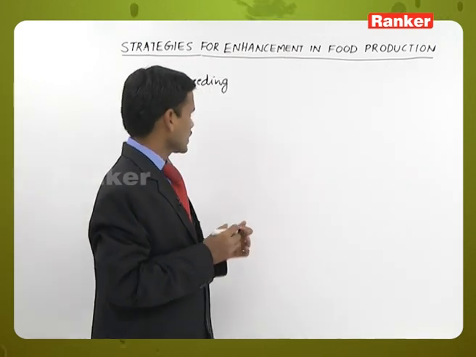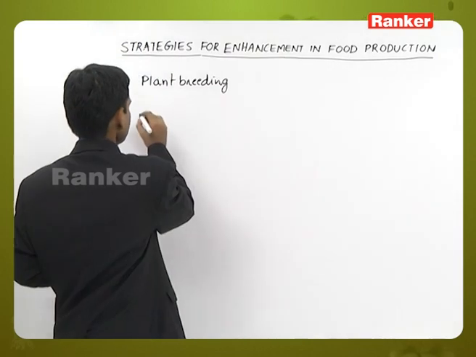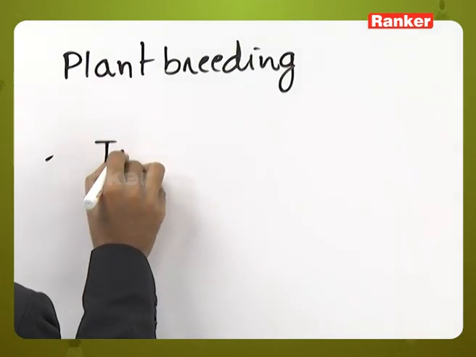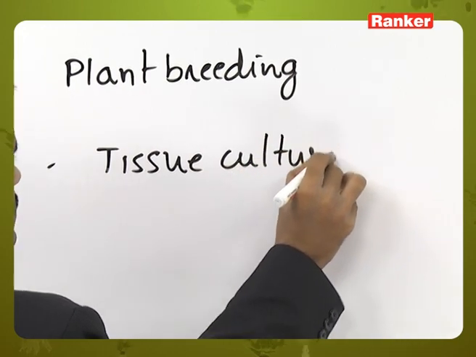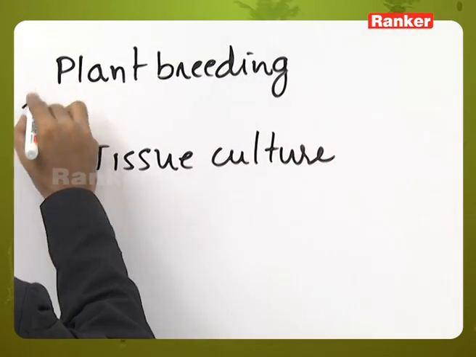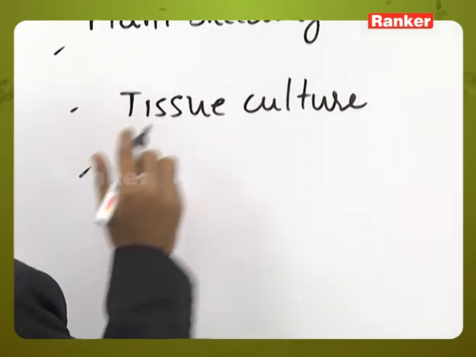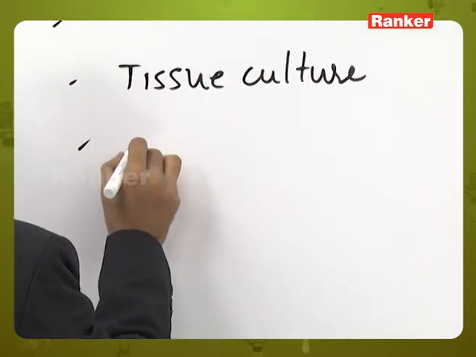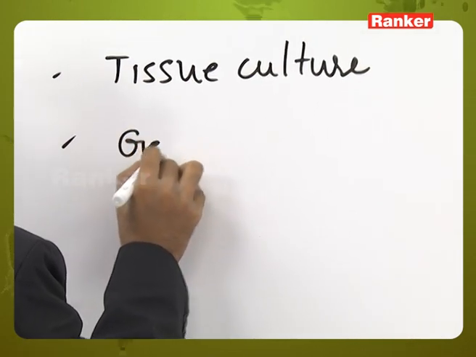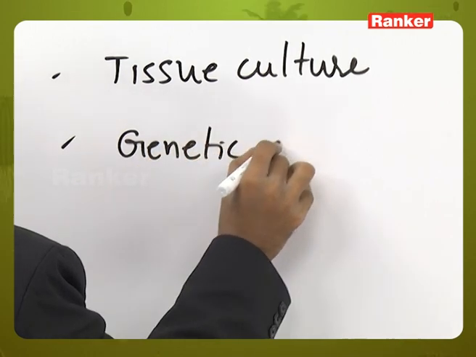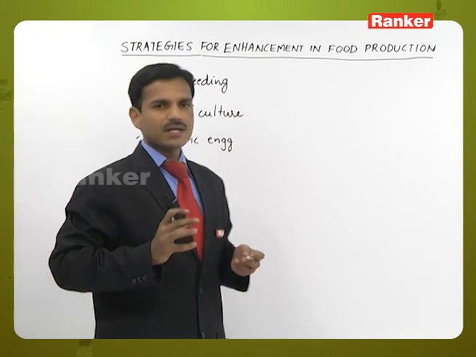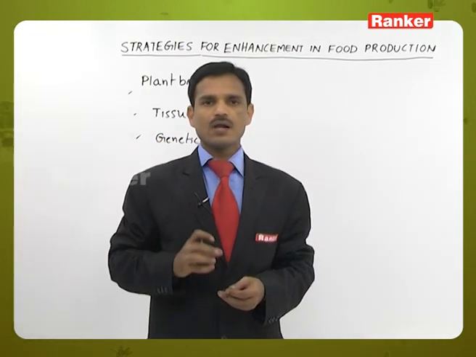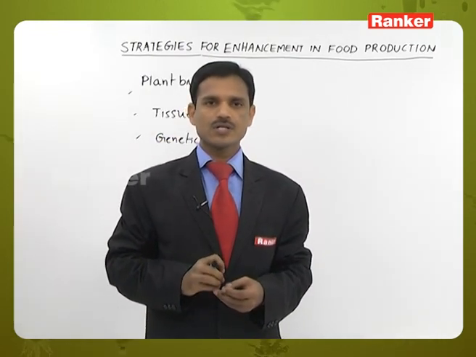The techniques are plant breeding techniques, tissue culture techniques and genetic engineering. Different techniques are used to produce large amounts of food.